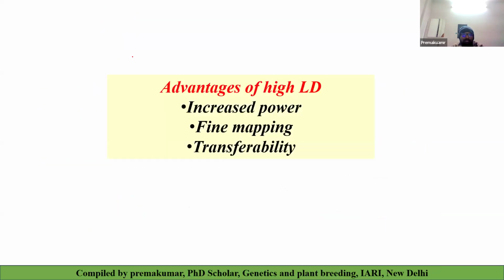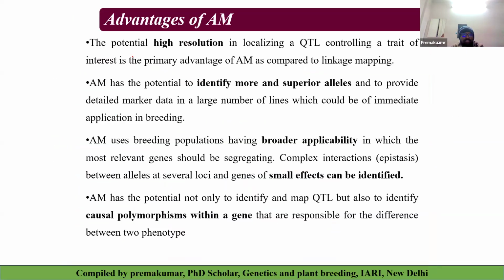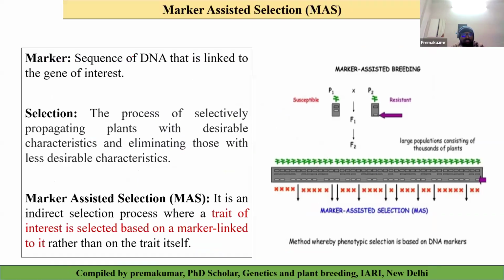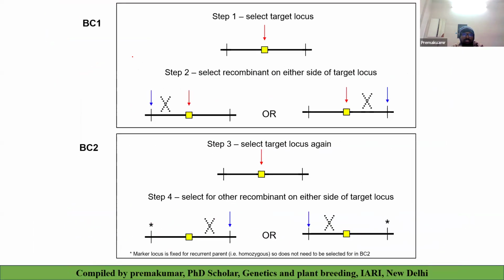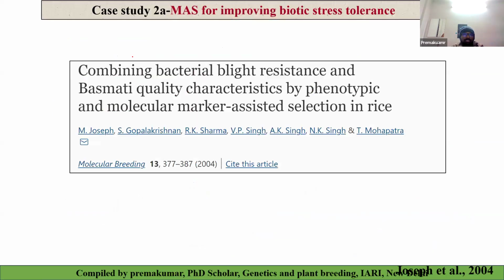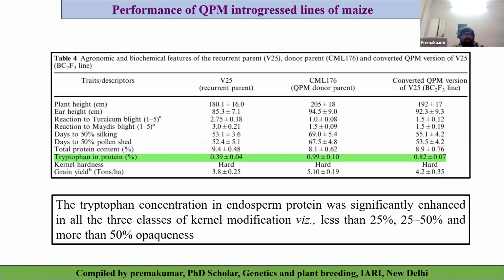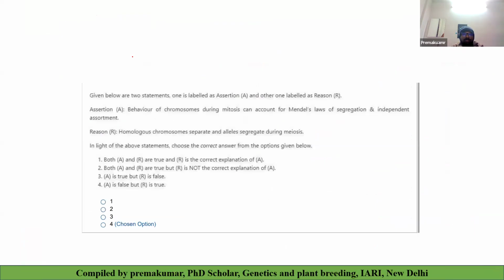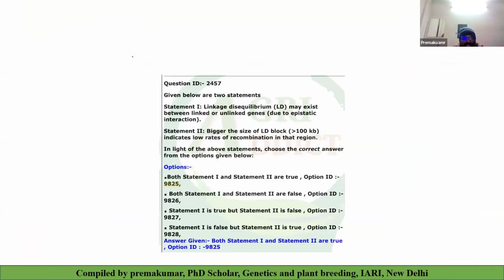I have different models of association mapping, and we'll discuss some questions also, different marker schemes, genomic selection, case studies. Then we'll discuss previous year questions. I think I have questions on markers; I'm searching for that.